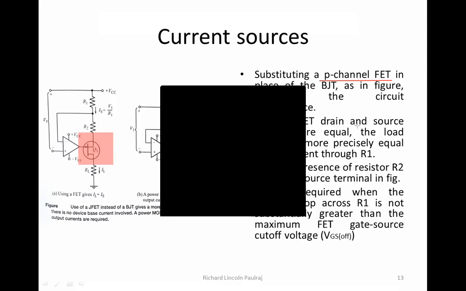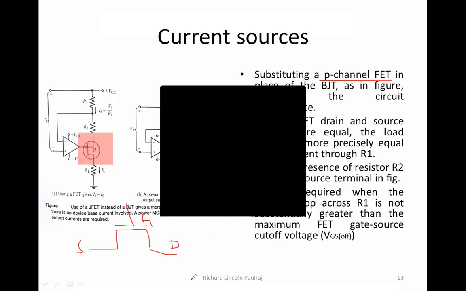The FET drain and source currents are equal, the drain and the source. One thing you should keep in mind is that the source and the drain of a transistor are made of the same type of material. Let us say this is my transistor. This is going to be my source, this is my gate, and this is going to be my drain.